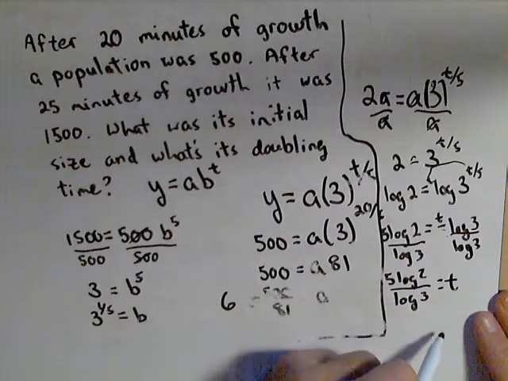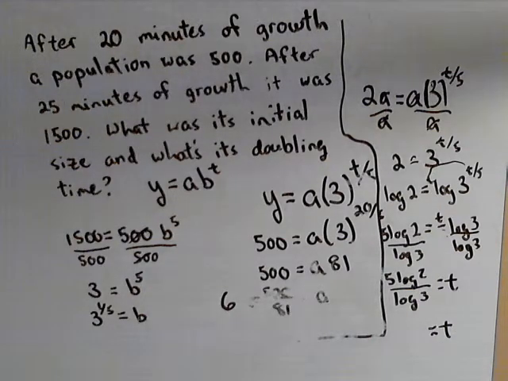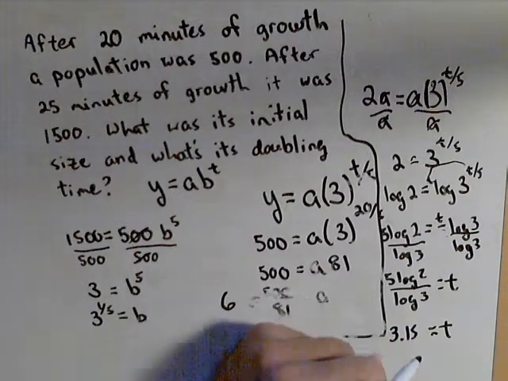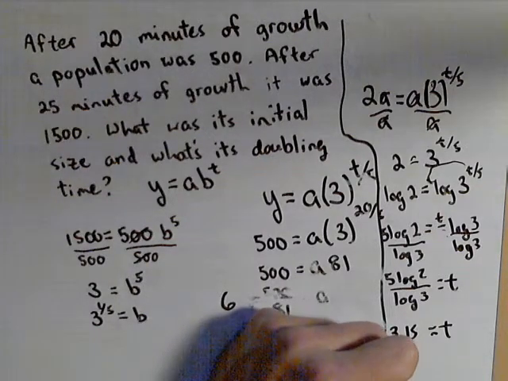Now a lot of times we'll want to give that as a number. So calculating it in our calculator, we get about 3.15, and now we did this whole problem in minutes, so it's about 3.15 minutes.